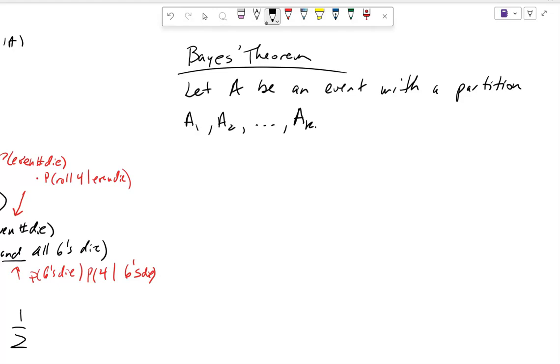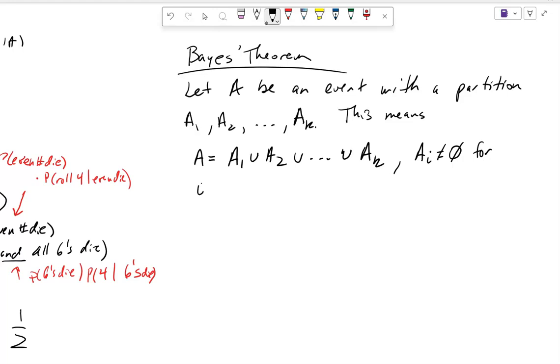So again, what this means is that our A is the union of the sets A1 out to AK. Each of your sets is non-empty, and they're pairwise disjoint.